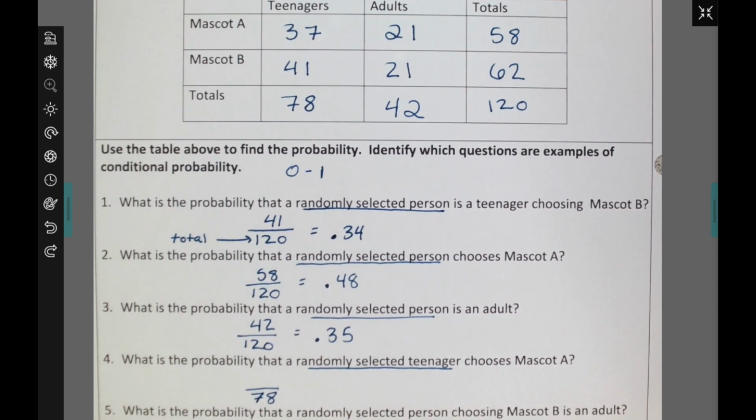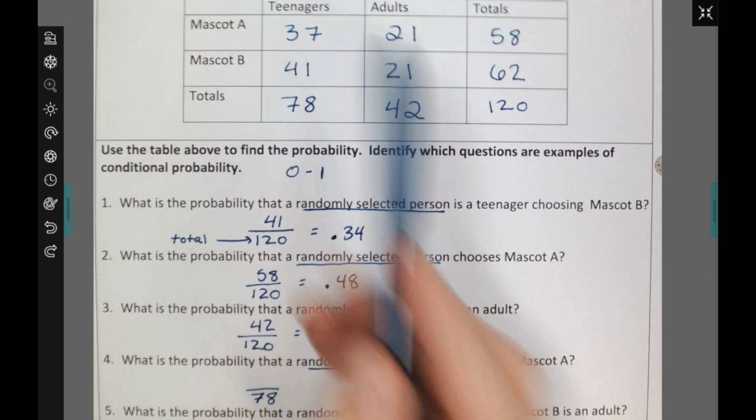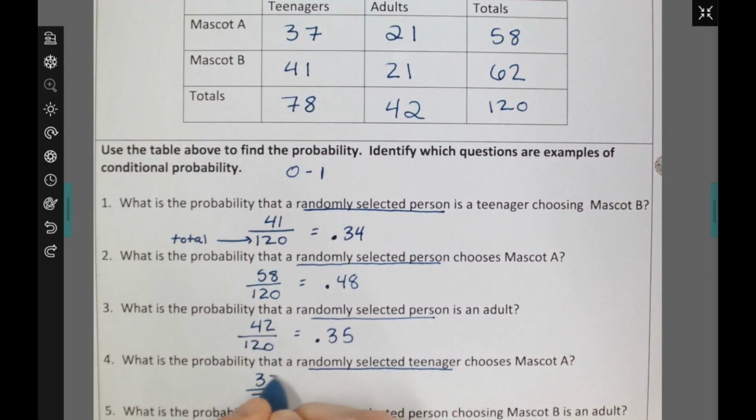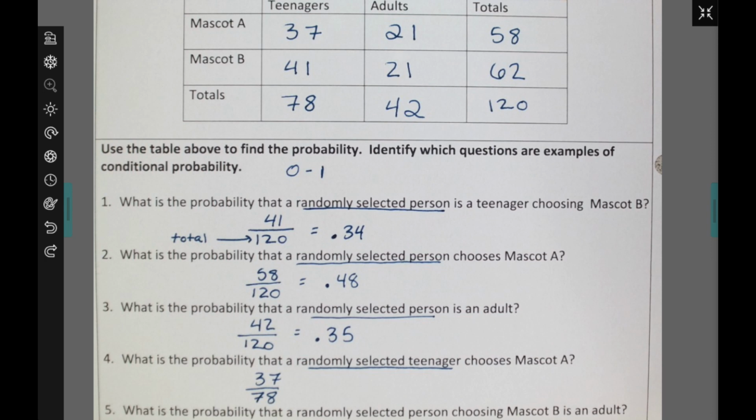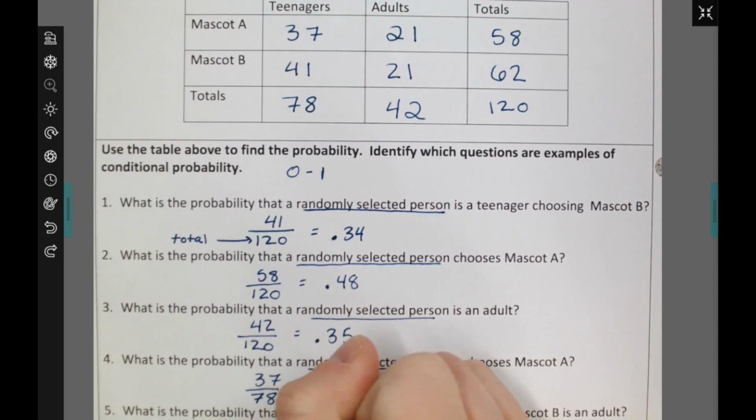Okay, because we are choosing from just the teenagers. So probability a randomly selected teenager chose mascot A. Mascot A, 37 of them, of the teenagers chose mascot A. So we're left with 37 over 78. Go ahead, divide that out. Gives me a decimal 0.47.